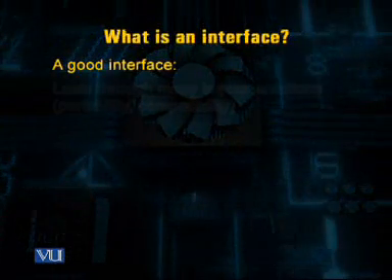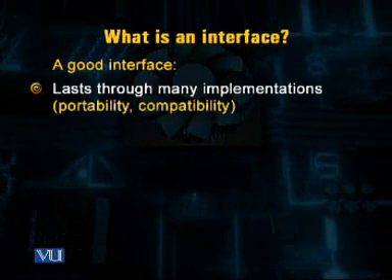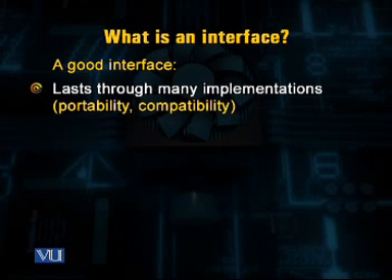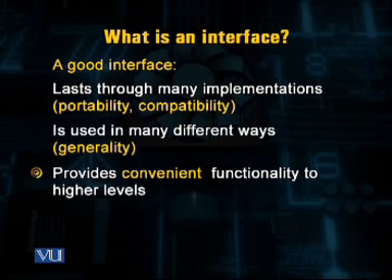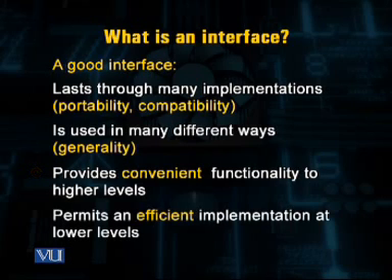Considering all these things, we can first define what an interface is. A good interface is one which lasts through many implementations, and it provides portability and compatibility. It also provides convenience in functionality for higher level implementation, and it permits an efficient implementation at the lower level.